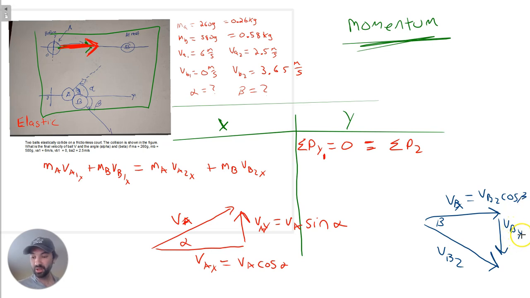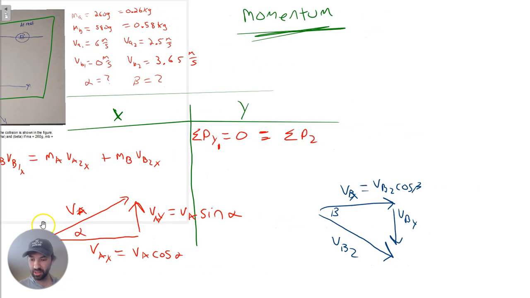Again, I got a little sloppy and ran out of room here. And this is simply VB2 sine of beta. Cosine means adjacent, so the adjacent angle. Sine means opposite, so opposite the angle. So adjacent is the one that it's touching, sine opposite the one that the angle is not touching.